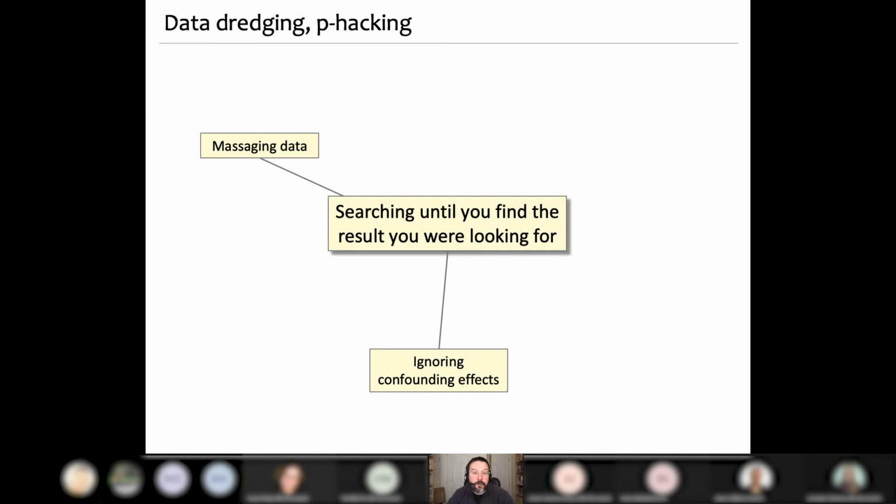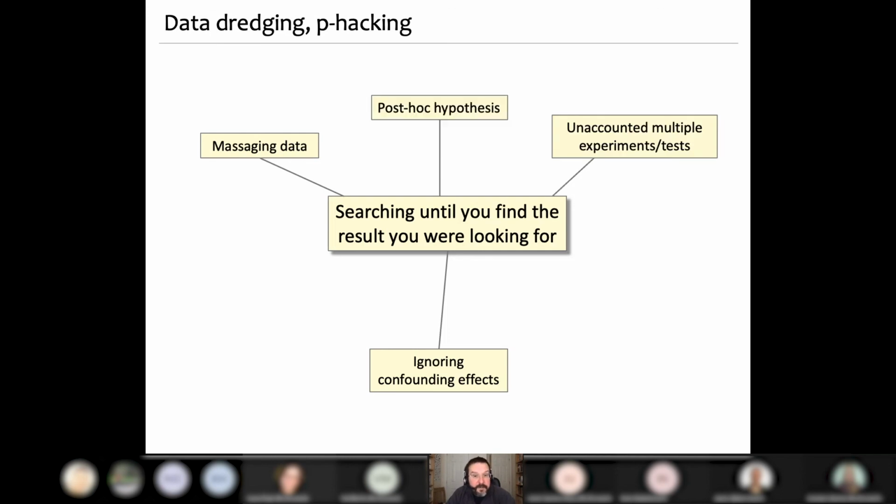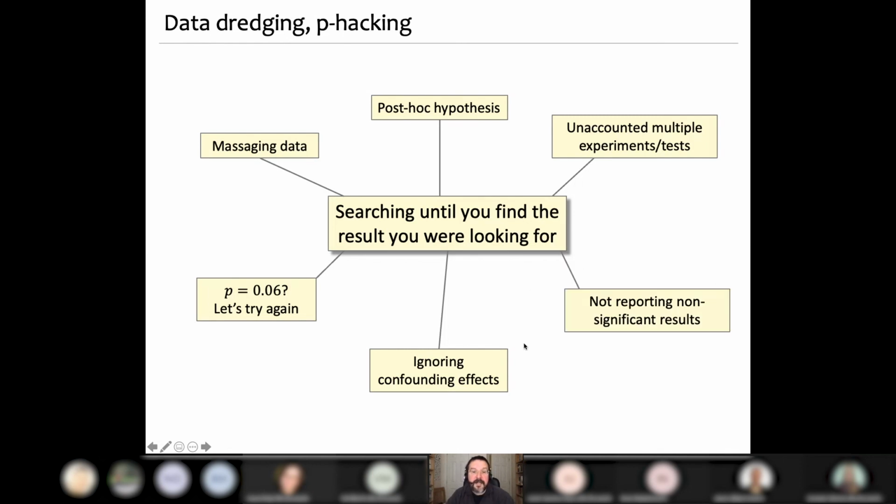You did your experiment on 2 different days, but who cares? Sometimes you might not account for multiple experiments or tests. Or if your initial null hypothesis doesn't work, you formulate a post hoc hypothesis, a different one. You get a p-value of 6%. Well, we are almost there. Let's try again. Let's try to improve our p-value. And also, as I mentioned, not reporting non-significant results.